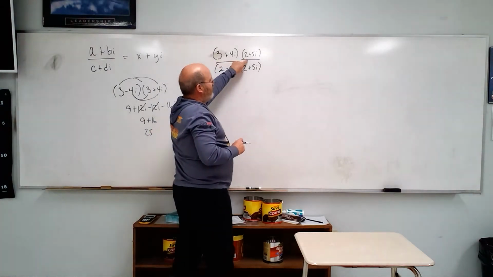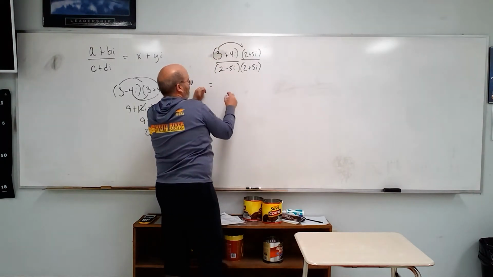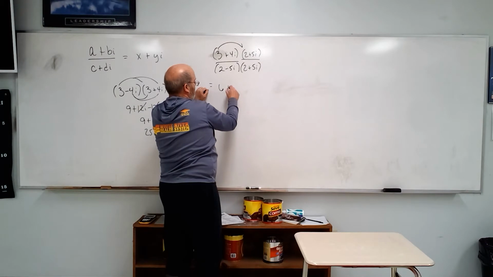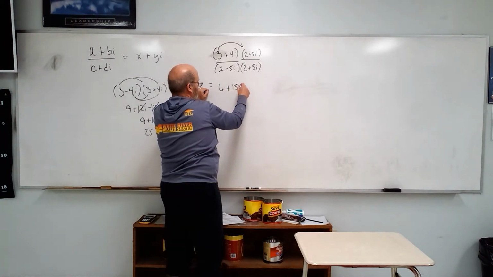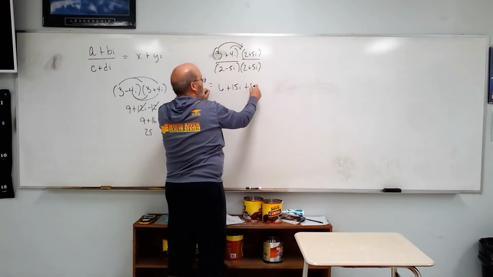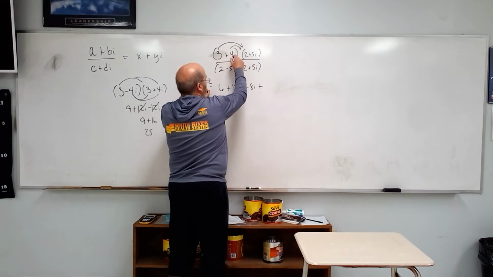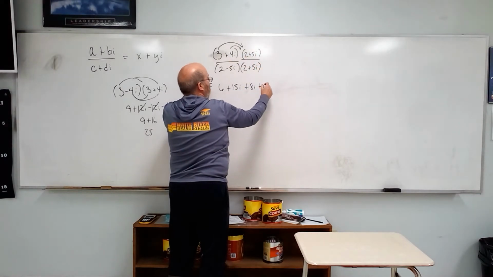Now I have to multiply the numerator out. So when I distribute the 3, I get 6 plus 15i. When I distribute the 4i, I get plus 8i. And then positive and positive makes positive. And then 4 times 5 makes 20.